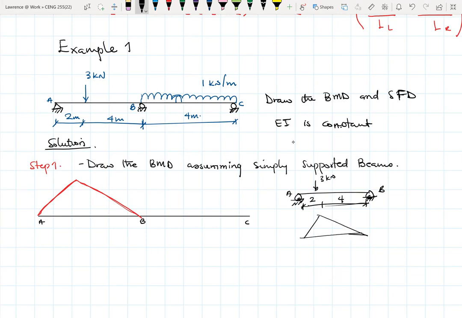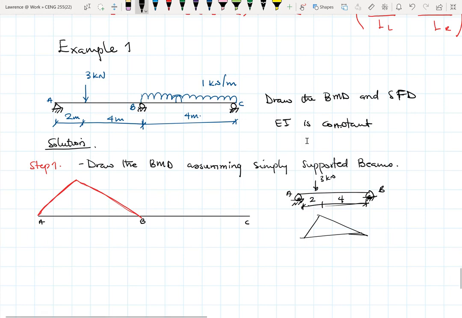The goal is not to draw these bending moment diagrams, as I've mentioned a few times. We don't have to spend too much time on it, and we need to figure out shortcuts to draw them.